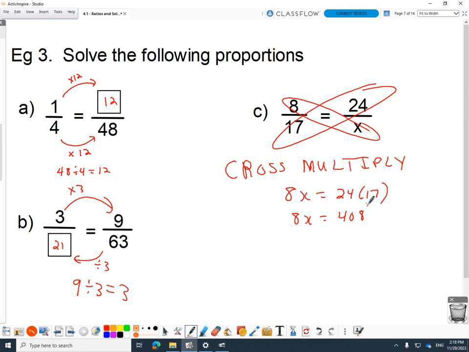Dividing by 8. So then I take the 408 and divide it by 8. You get out your calculator and go, what's 408 divided by 8? The answer is 51. That might be the most beautiful thing you've seen all semester.